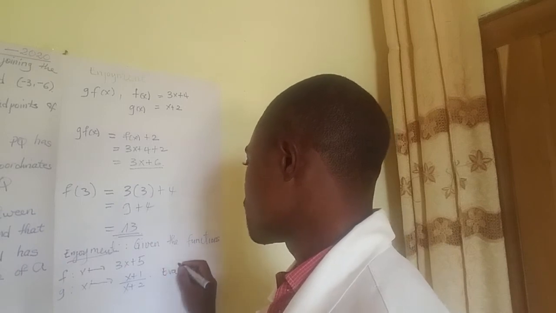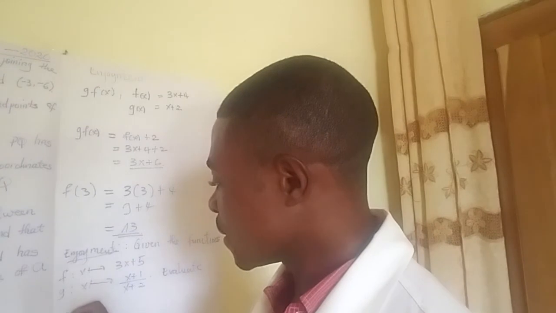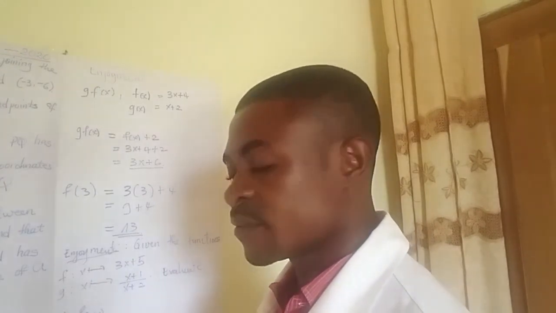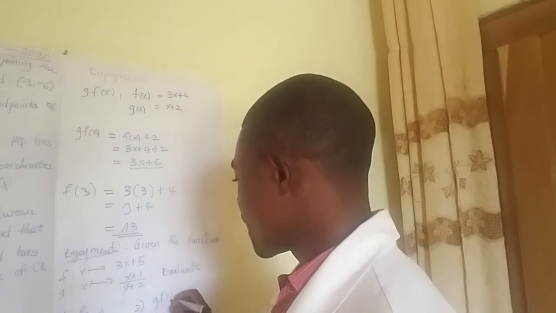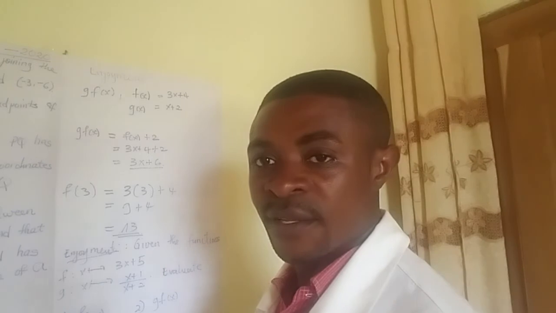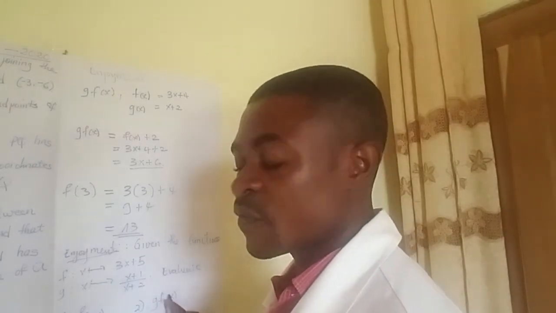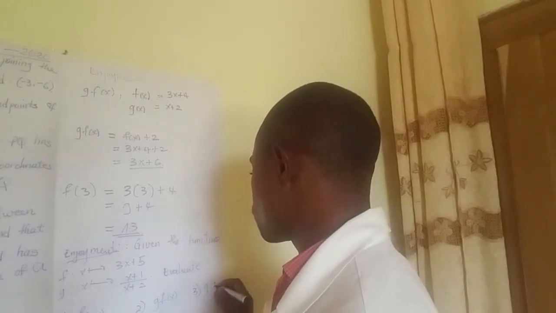Evaluate: 1, f of g of x; 2, g of f of x; 3, the third part now, like I said, 2 is g of f of x, 3 will be g of 2.